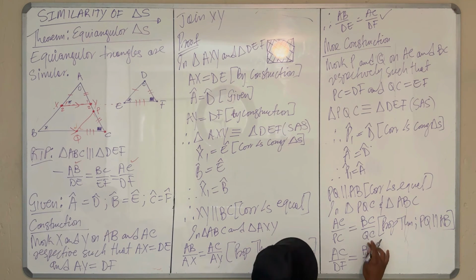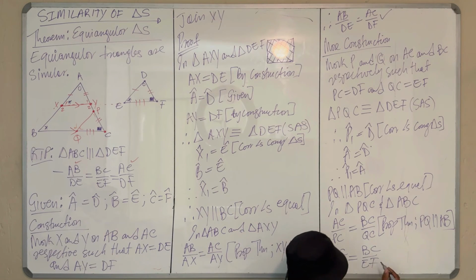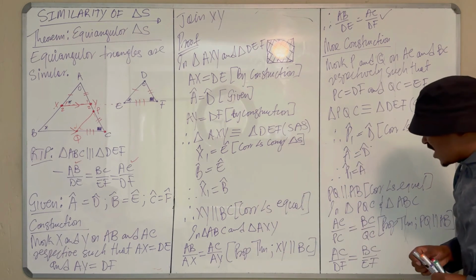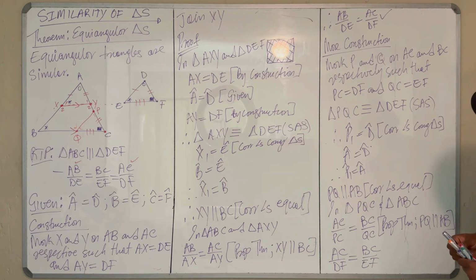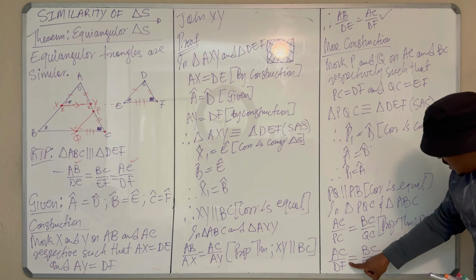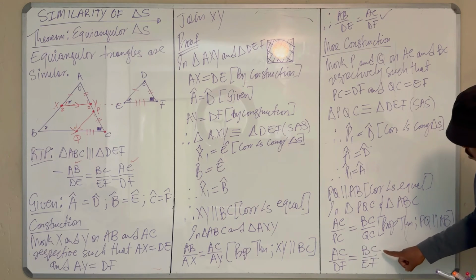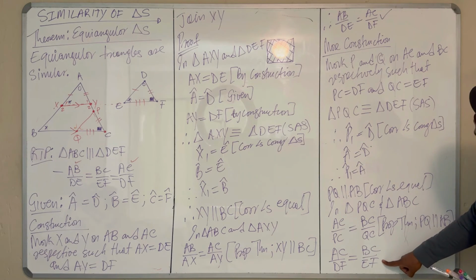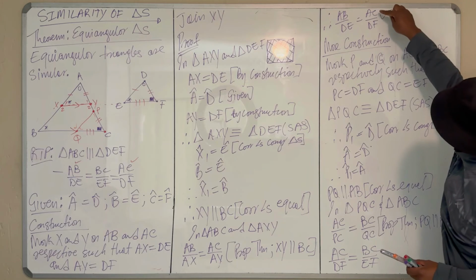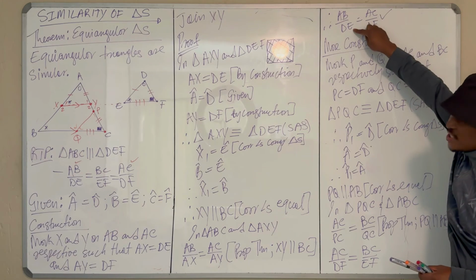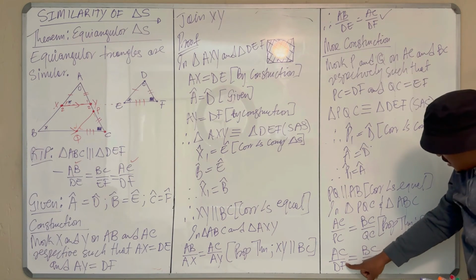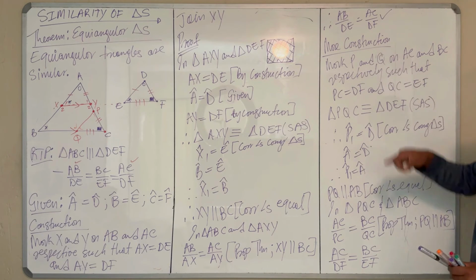QC is EF. So what you have here, your AC over DF is equal to your BC over EF. Look here, your AC over DF is equal to this. And the same AC over DF is equal to this. So all of these three things are equal.